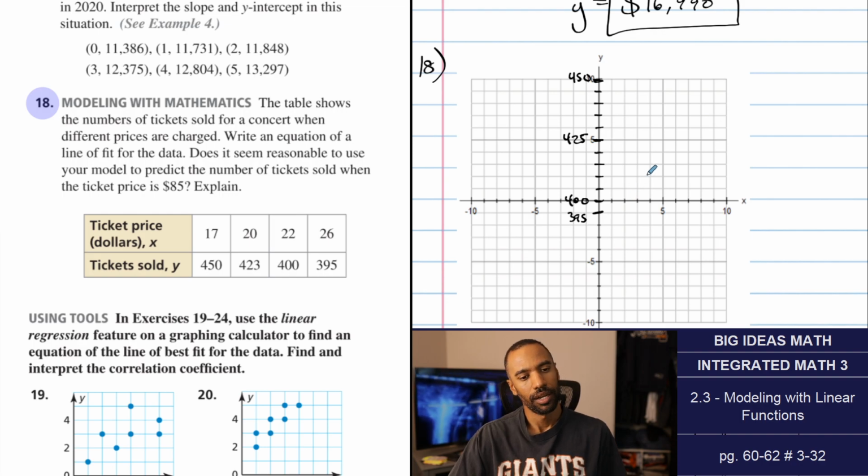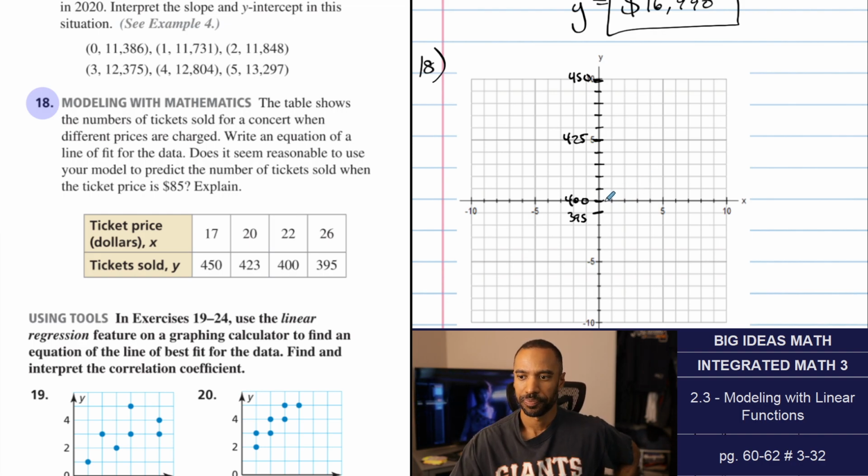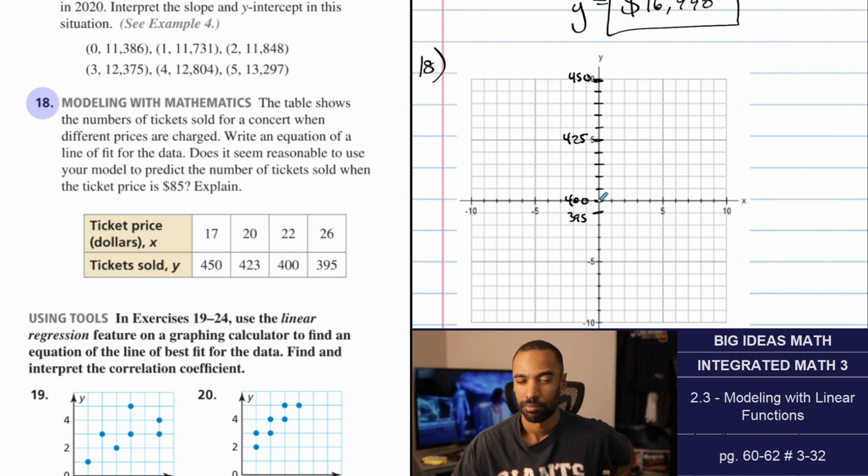And here, I go from 17 to 26. I think on X, I can make this 16, 17, 18, 19, 20, 21, 22, 23, 24, 25, 26. I'll make this one 26. This is not going to look pretty at all.